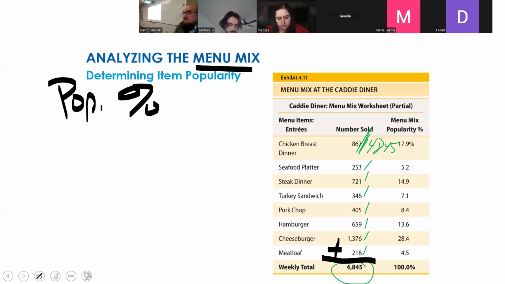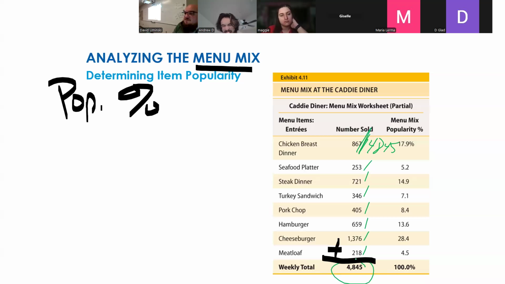Then how we find that popularity number is we first have to add up all of the items that we sold to figure out what our whole number is. And then each part we divide by the whole number. What does that translate to on number 11? We're not there yet. We're not to number 11 yet.